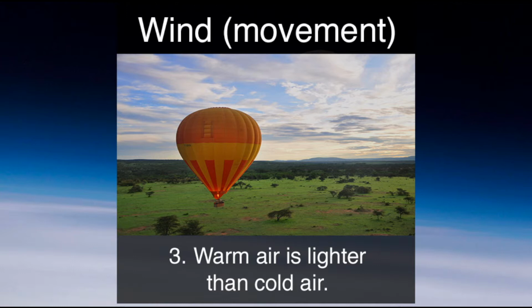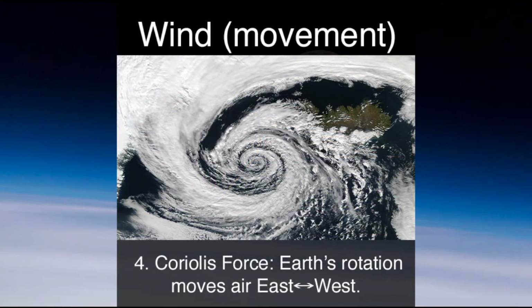So where cold air builds up, we have high pressure zones pushing air toward the earth, whereas where we have warm air, we have light, low pressure zones and the air rises. And finally, the Coriolis force, the rotation or the spin of the earth, turns this air to the right or the left in the northern or southern hemispheres.